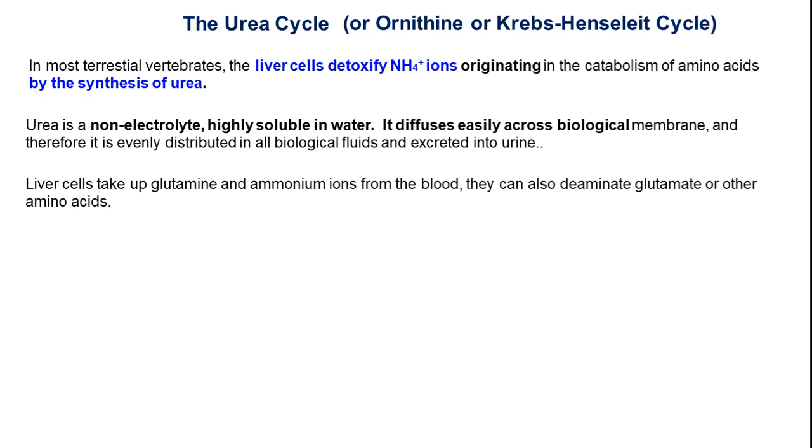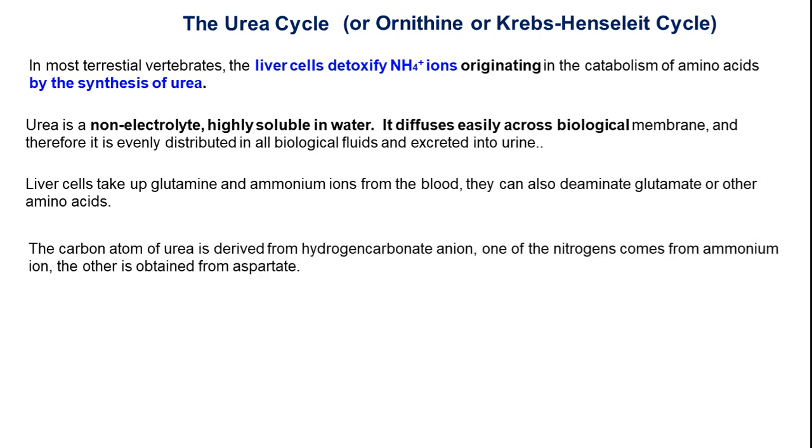Liver cells take up glutamine and ammonium ions from the blood. They can also deaminate glutamate or other amino acids. That is the capacity of hepatocytes. Let's see the structure of urea: NH2-C=O-NH2. One of the amino groups is obtained from ammonium ion. The carbonyl group is obtained from bicarbonate anion.